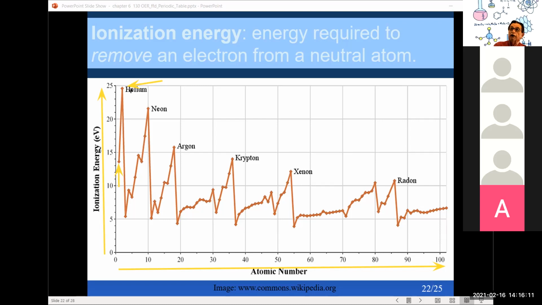We flip around the periodic table, we go to lithium. Lithium begins right there, and therefore, it's a metal. Its ionization energy is a little bit greater than 5. So as we go across the periodic table, it hops around, but the general trend, it goes up.